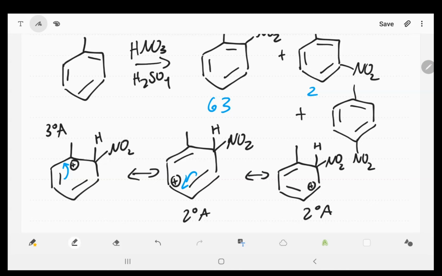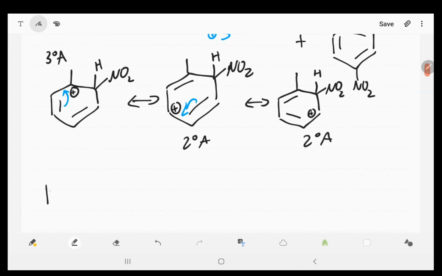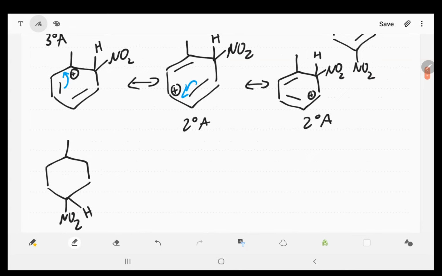If we do para, we see that we're going to get the same thing. If we just take a look at the para substitution, so if we use the double bond at the bottom to attack the nitronium, rather, and then we'll end up with a carbocation there, which can resonate as always.